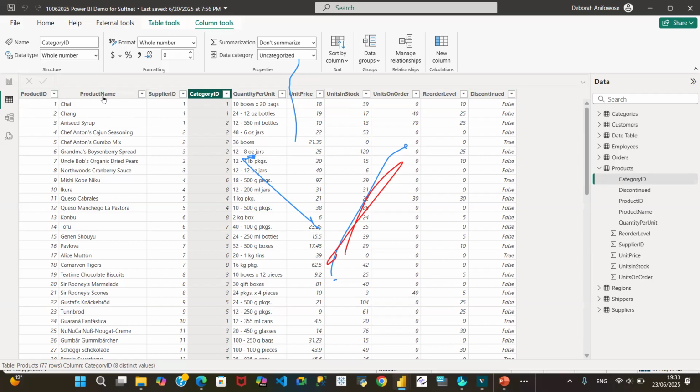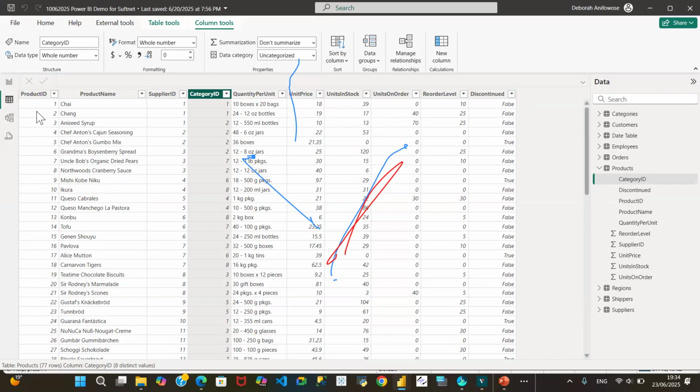Product ID, product name, supplier ID, category ID. Let's look for a way to marry all of these as much as possible together and make a sentence from what this table is about. What can we see on this table?